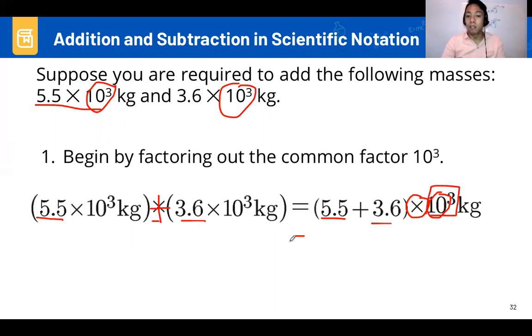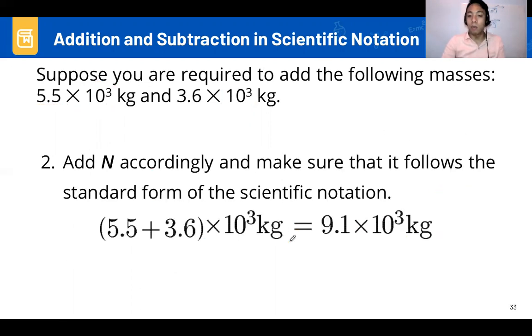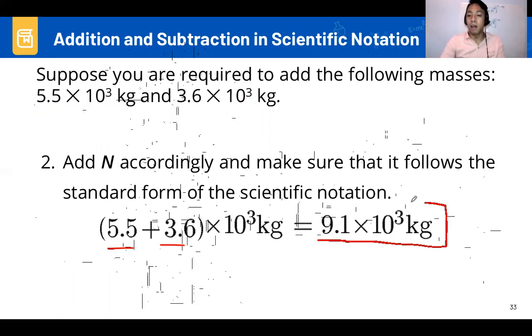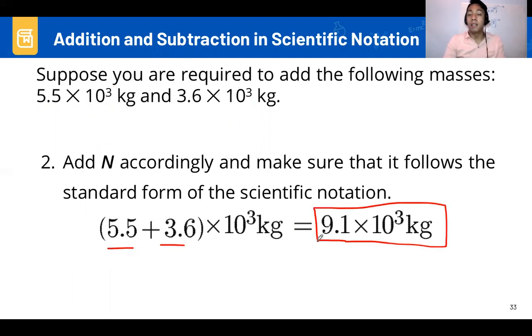And to get the final answer, we will just add them. 5.5 plus 3.6 is 9.1 times our same base and exponent. Super easy. Tama.